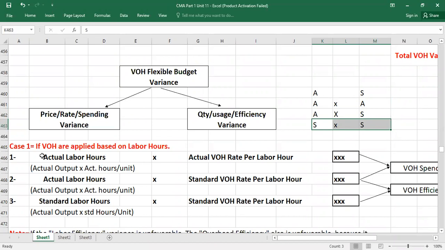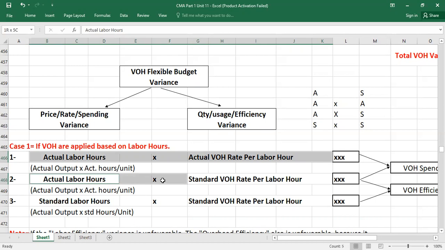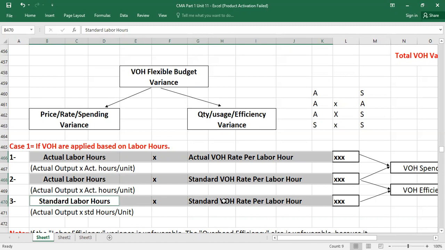You will take actual labor hours times actual variable overhead rate per labor hour, and second line is actual labor hours times standard variable overhead rate per labor hour, and the third line is standard labor hours times standard variable overhead rate per labor hour.